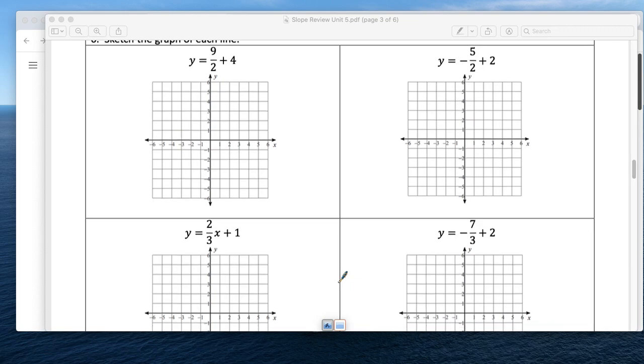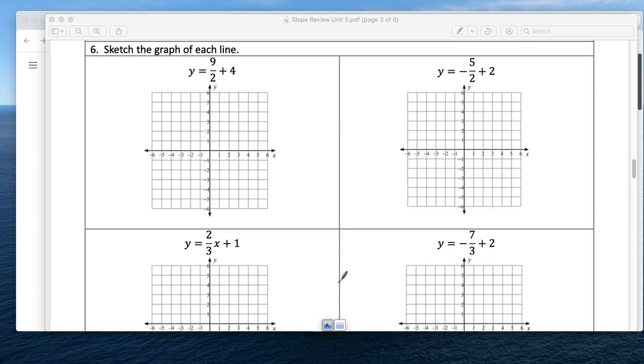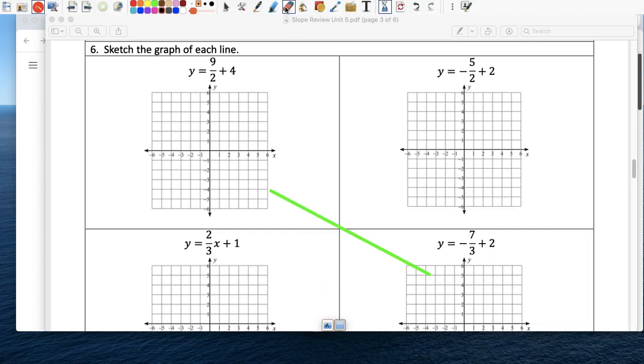Sketch graph. Okay, so using what we know, can we graph this? Well, super easy. There's no x here. I don't know why they didn't put an x, but there should be an x there. So, 9 over 2 is our slope.